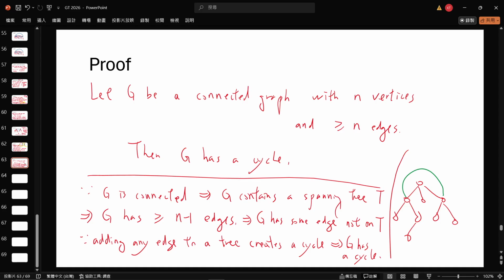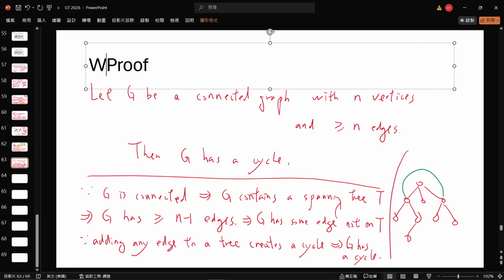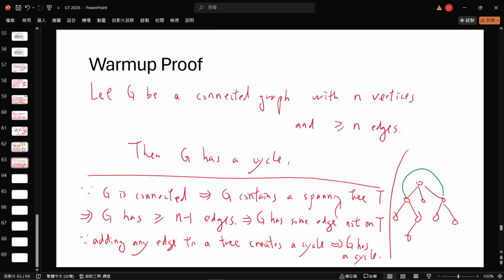Basically it says that if you have a connected graph and you have at least n edges, then you can always find a cycle. But this is not our goal.